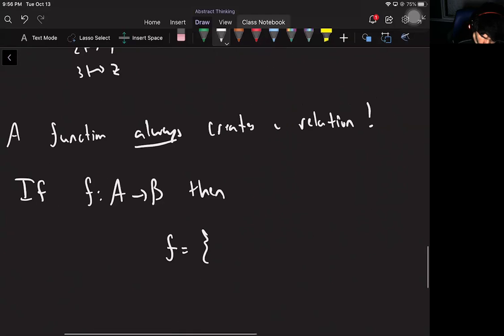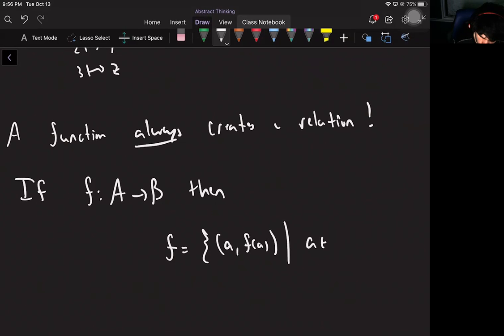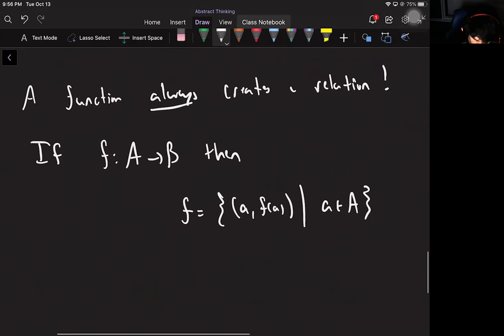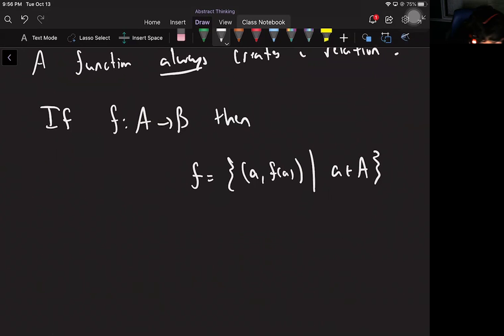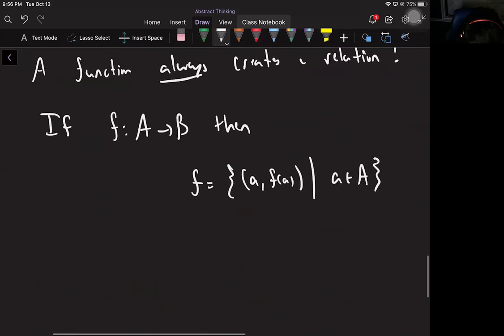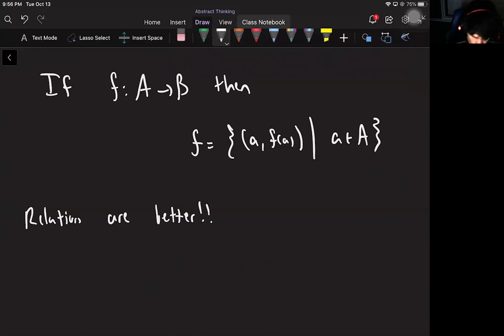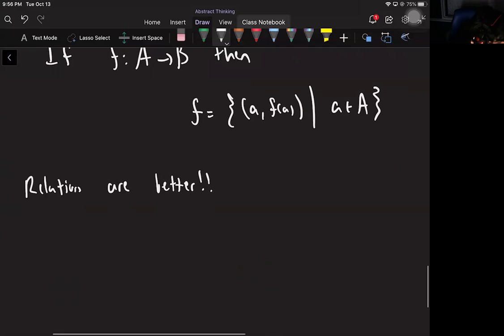So the way to say that arbitrarily is a comma f of a, where a is in A. So these ordered pairs form a relation that comes directly from the function. Okay, so in any case, functions always create relations, but not vice versa. So relations are better. They're less restrictive, and you can make more of them than you can functions.